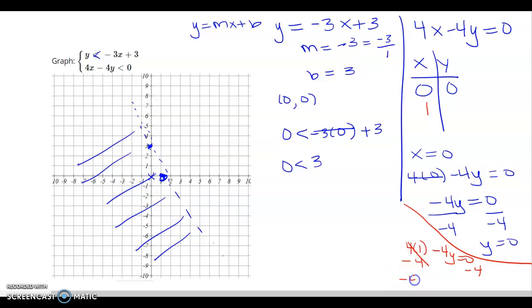So I get negative 4y equals negative 4. Divide by negative 4. Oops, out of space there. So y is just going to equal 1. And we could do one more point, but I'm not going to this time. So we've got a point here at 0, 0. We've got a point at 1, 1.